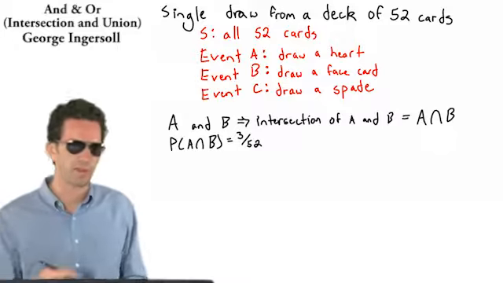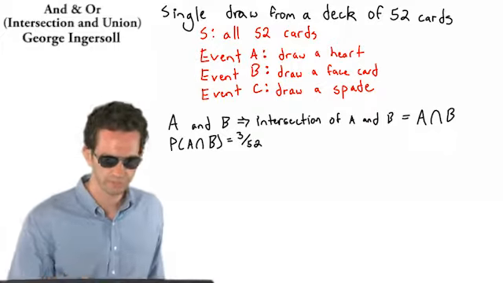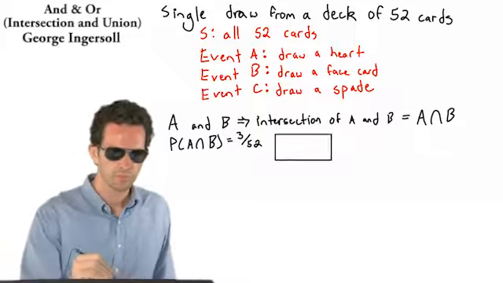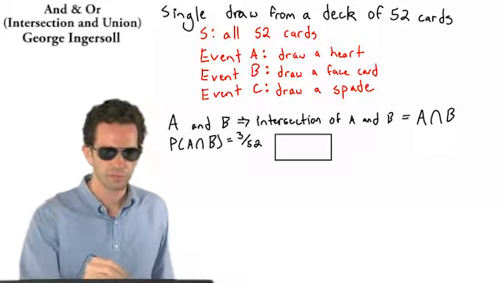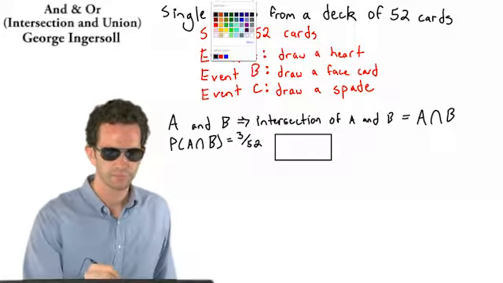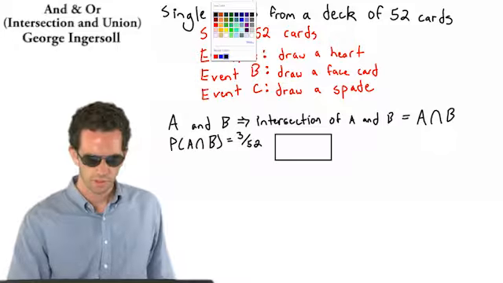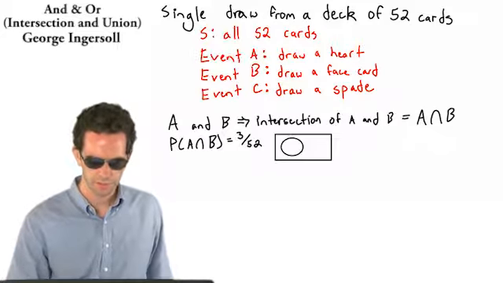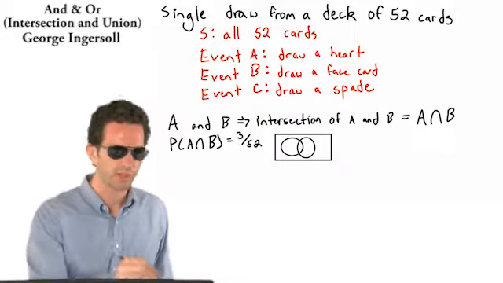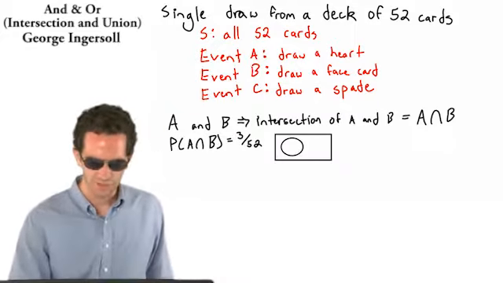Let's take a look at this graphically, just for the heck of it. Event A, which is drawing a heart, should be bigger, and drawing a face card should be, well, it's actually almost the same size. Of course, I drew it bigger. Drawing a face card is slightly smaller.